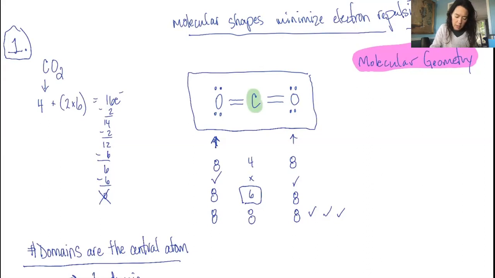Well, this is easy. It looks like there are 2 domains. They're both bonding because they're lines, and there are 0 non-bonding because there are no lone pairs.